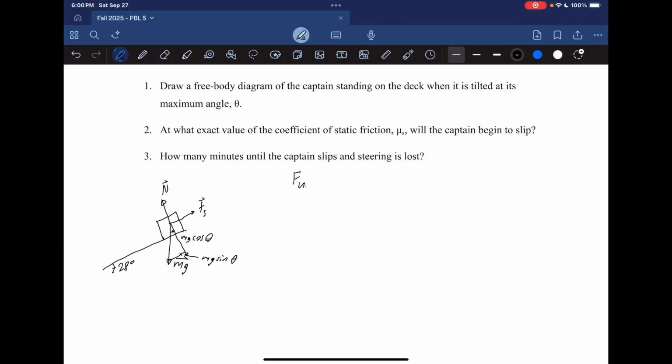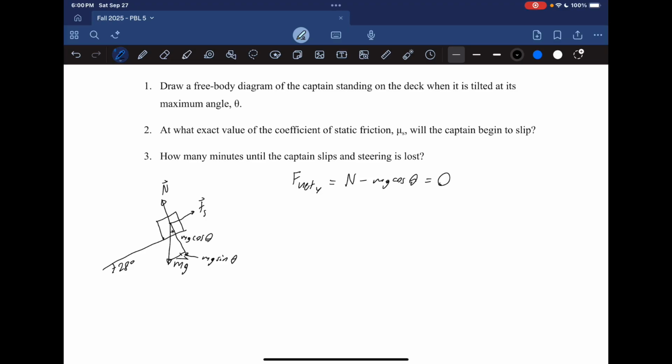So our net force in the y direction is going to be the normal force minus mg cosine of theta. But since we know that the block isn't falling through the deck, we know that it doesn't move up or down in the y direction.